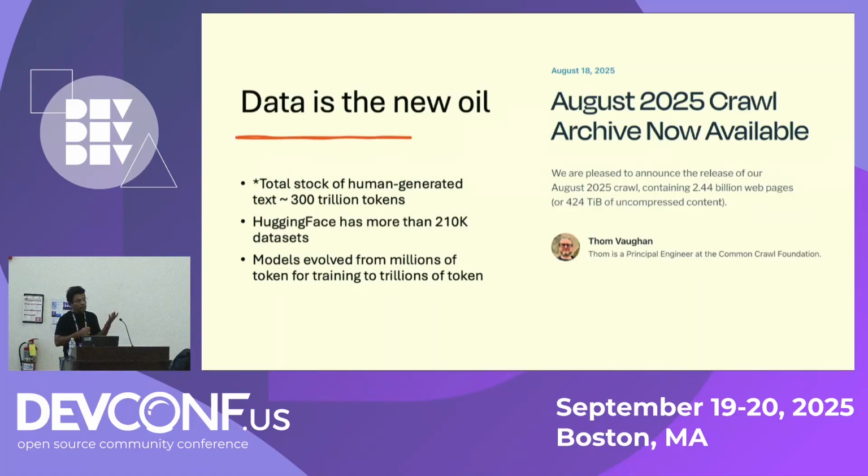Another reason it's called the new oil is that the way oil propelled the industrial and transportation revolution, data is doing that job for the AI revolution. For example, Common Crawl is a not-for-profit organization.